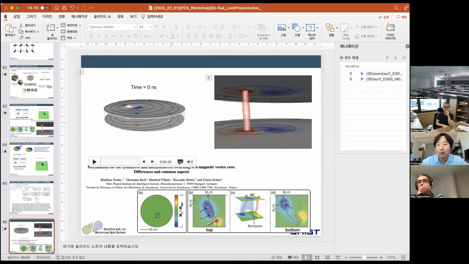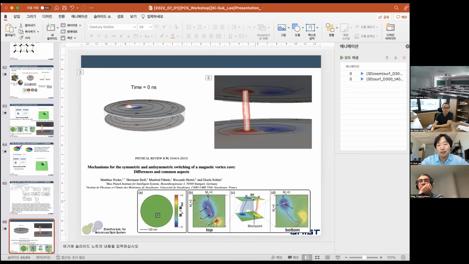So it's a trivial change, but only the pair annihilation process or the direct switching process gives rise to a change of the topological charge. So it should be mediated by the Bloch point. Okay, I see. This is what I understand about that.